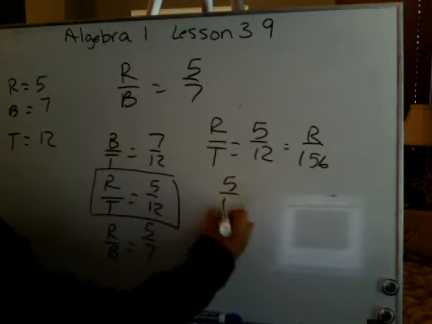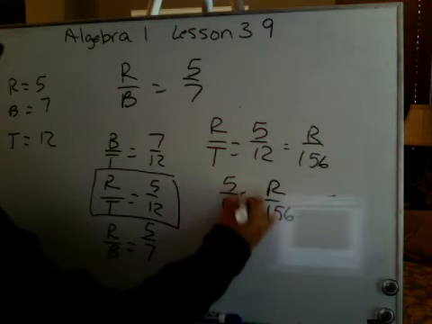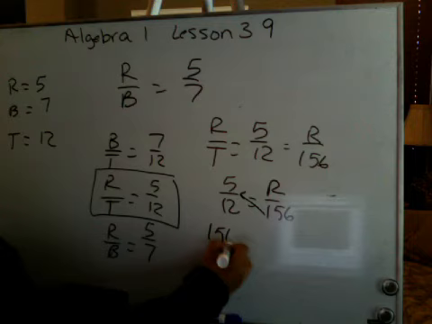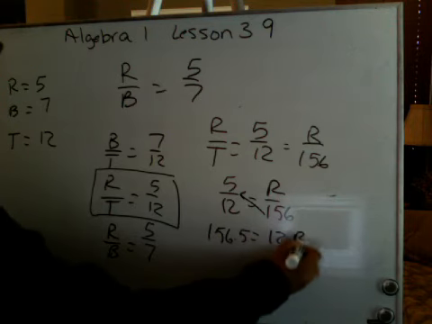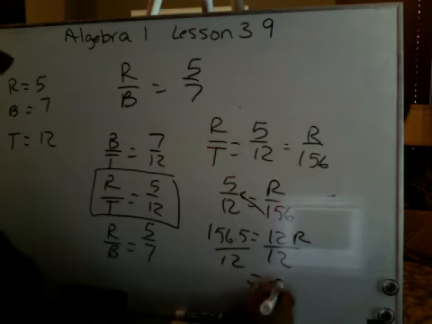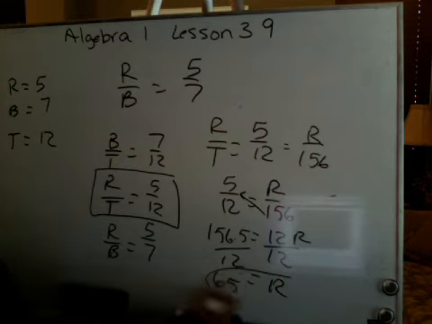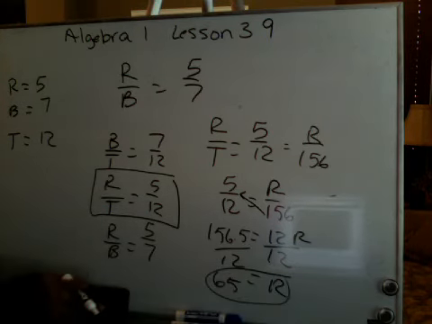So now we have 5 to 12 equals r to 156, and we simply cross multiply: 156 times 5 equals 12r. When we multiply that, we will then divide by 12, and we'll get r, and I'm going to cheat here, equals 65. Okay, and you're like, that's a little confusing.